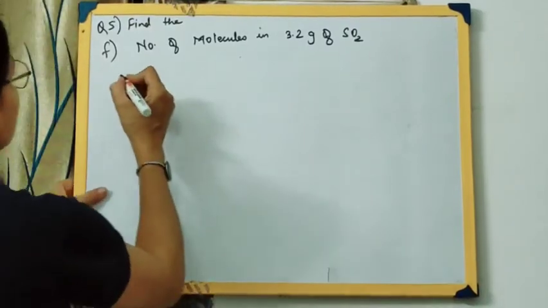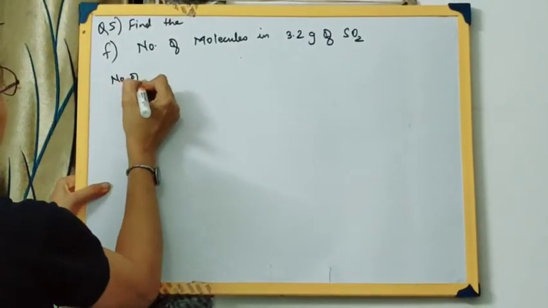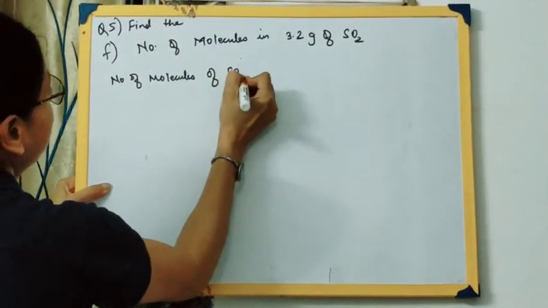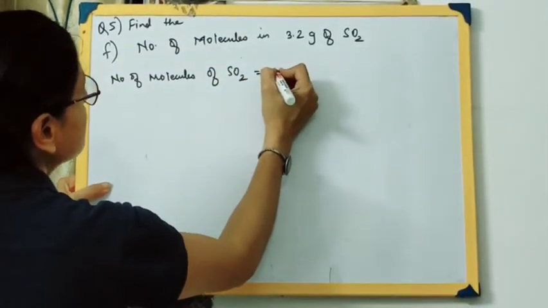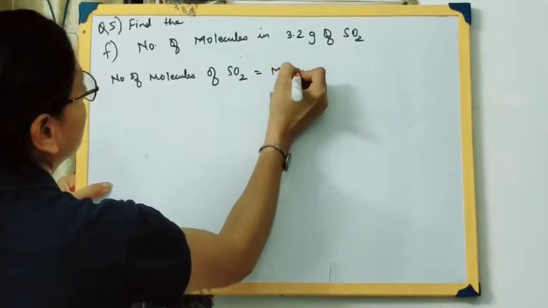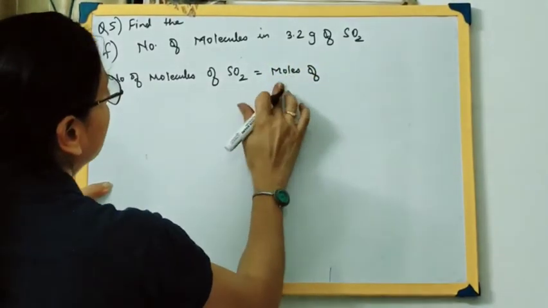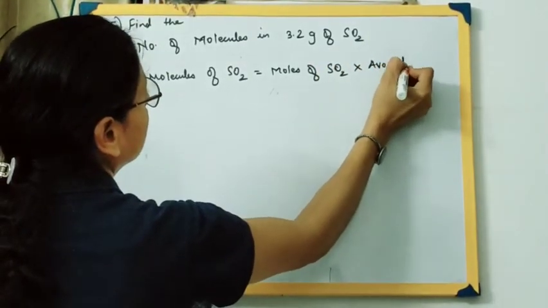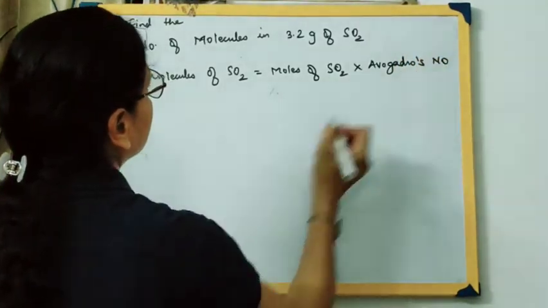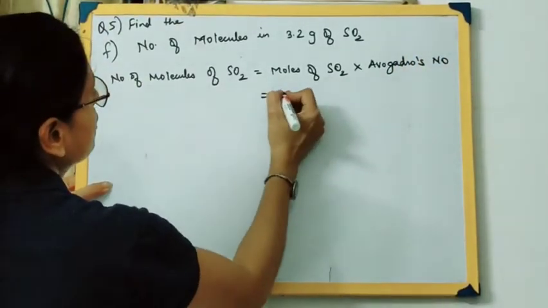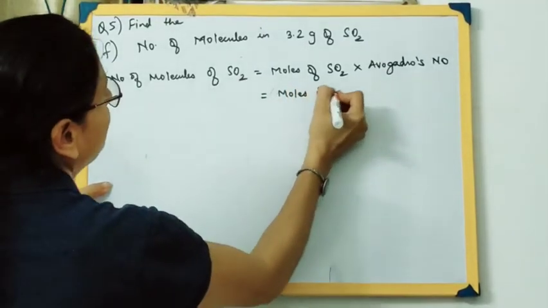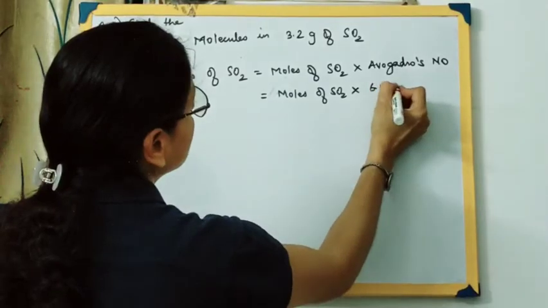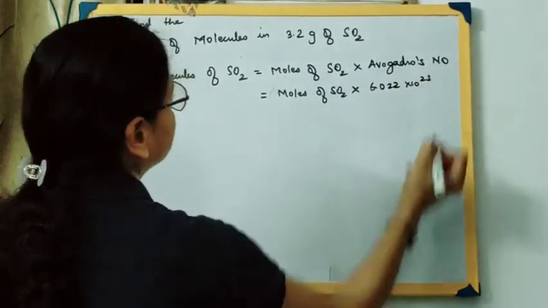So look here. The number of molecules of sulfur dioxide is equal to the number of moles of sulfur dioxide into Avogadro's number, which is 6.022 into 10 to the power 23.